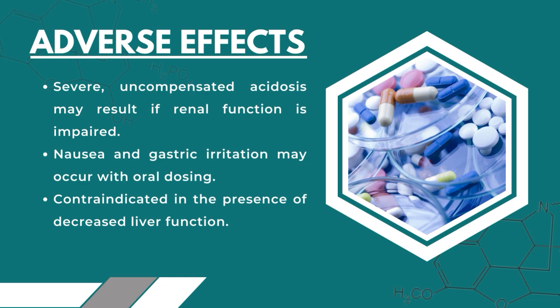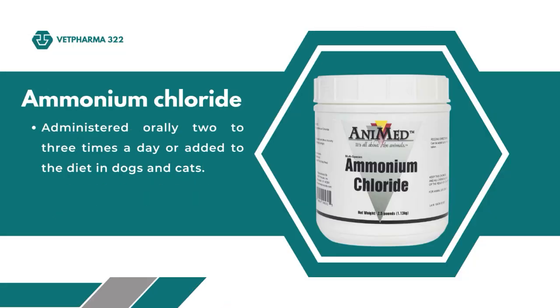Nausea and gastric irritation may occur with oral dosing, and it is contraindicated in the presence of decreased liver function. Ammonium chloride is administered orally 2 to 3 times a day or added to the diet in dogs and cats.